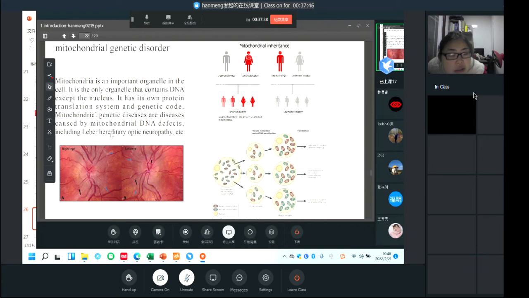The most famous mitochondrial DNA defect is the Leber hereditary optic neuropathy. It is a disease that affects the eyes.